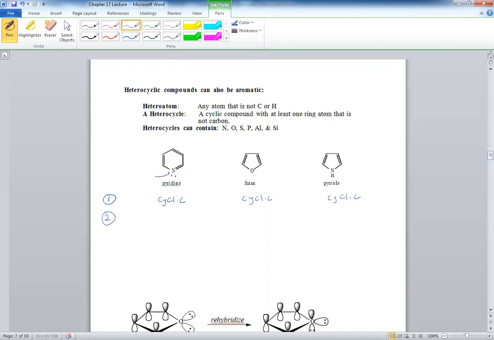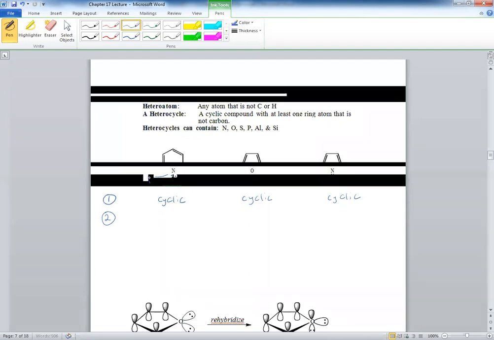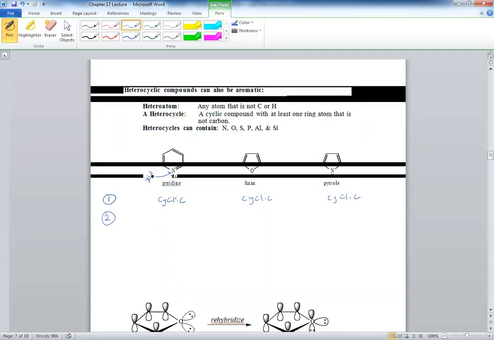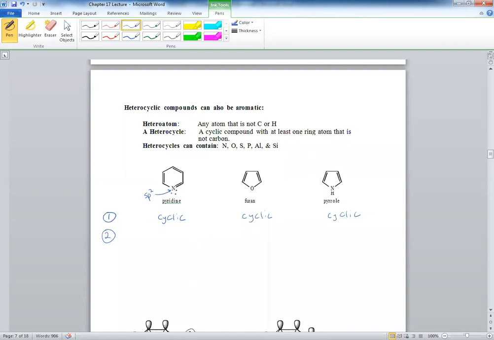So if you do the hybridization, this would be an sp2. So it must have a p orbital, an empty p orbital on it. And there are p orbitals on the other carbons because we have those pi bonds. So yes, we have p orbitals.